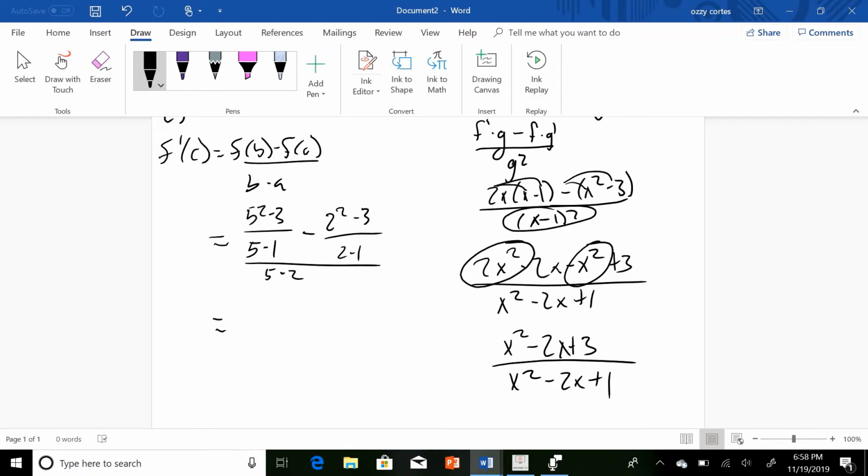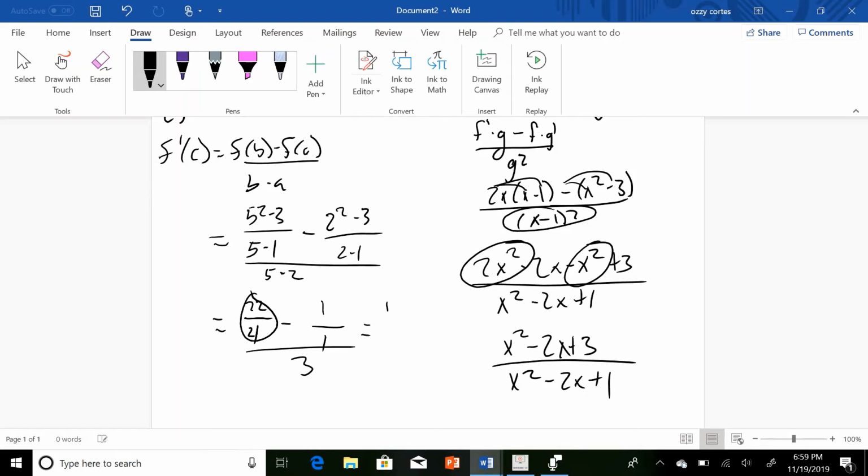So 5 squared is 25 minus 3 is 22. So that's 22 over 5 minus 1, which is 4, minus 2 squared minus 3 would be 1, and then 2 minus 1 is 1, all over 3.